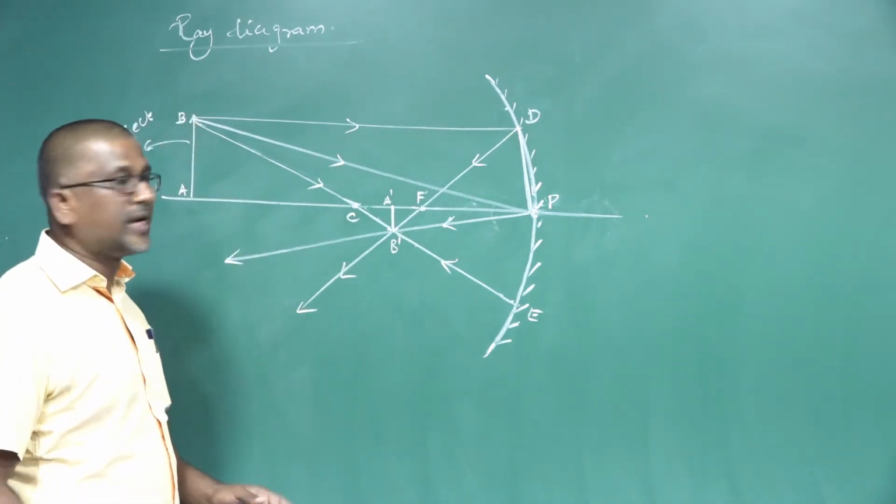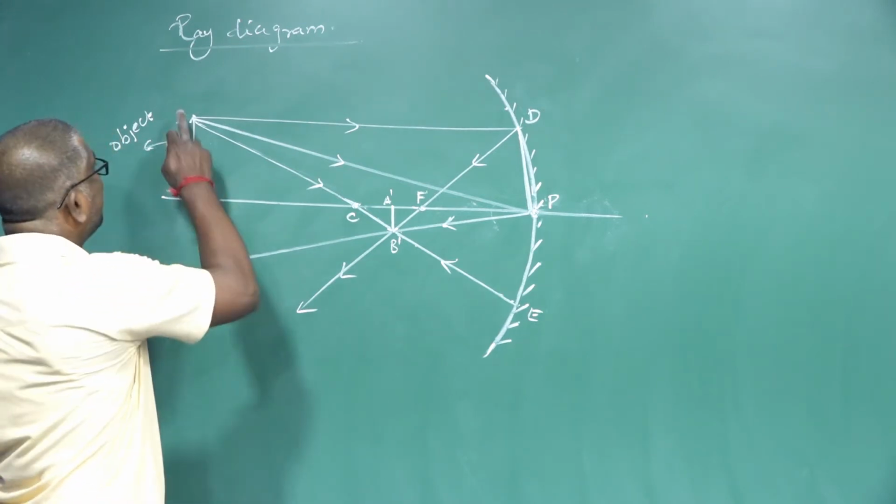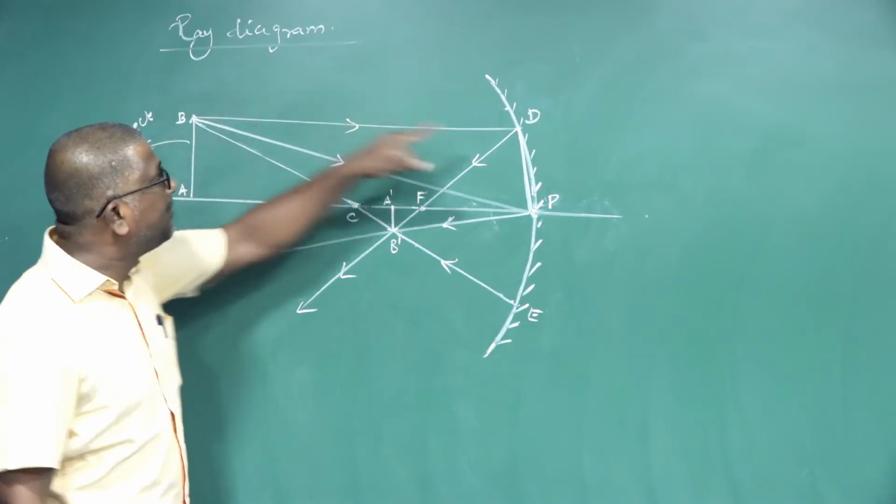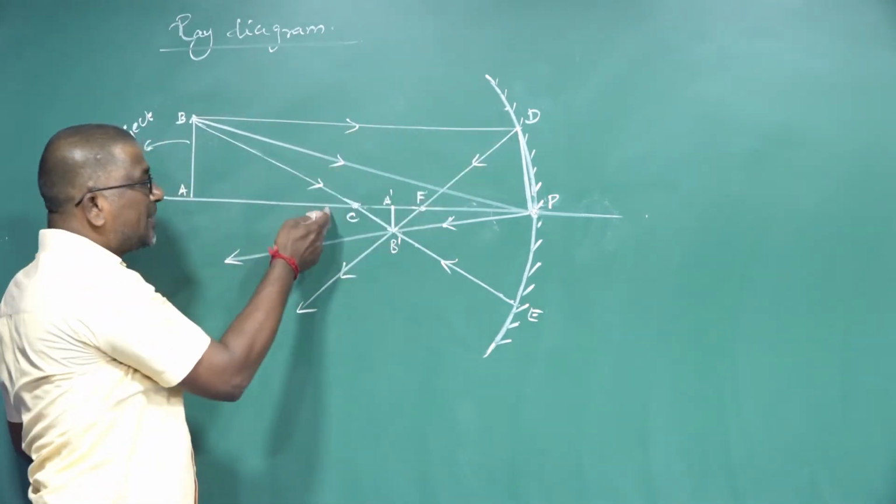One of the paraxial rays is BD. This paraxial ray BD is parallel to the principal axis.